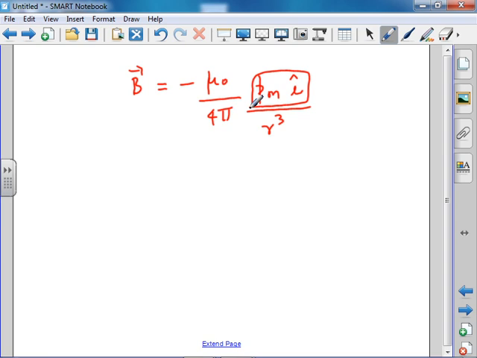From the diagram it is clear that we took a bar magnet, here the south pole and this is the north pole. Why? Because the direction of the magnetic dipole moment is from south to north.